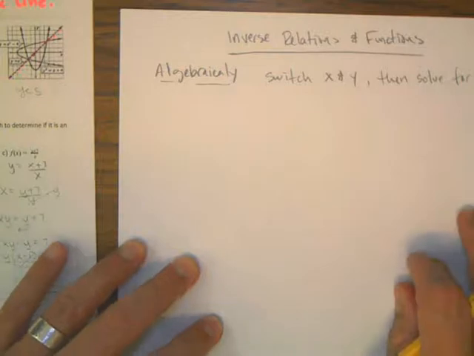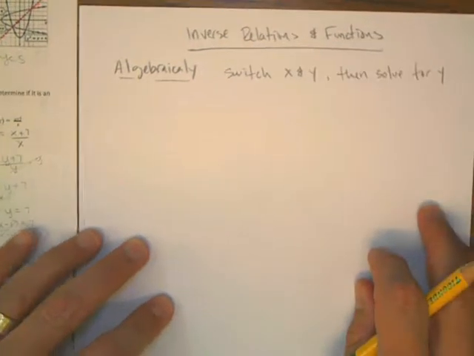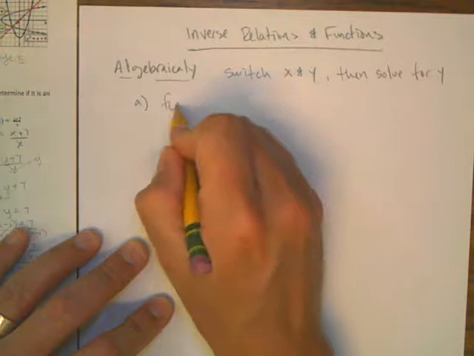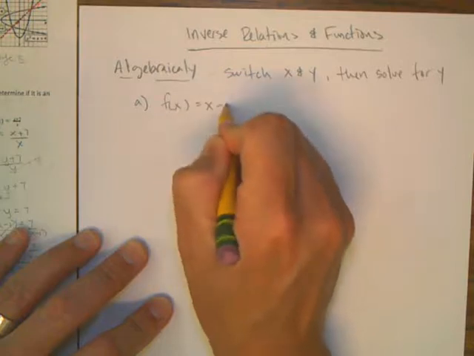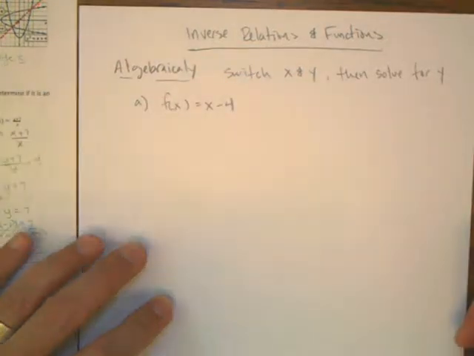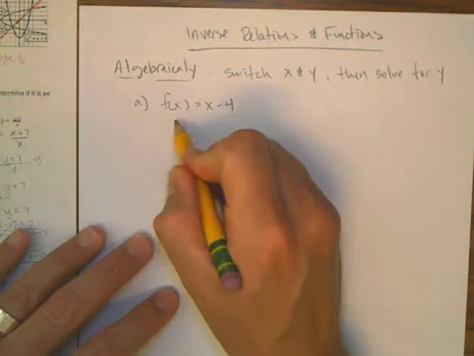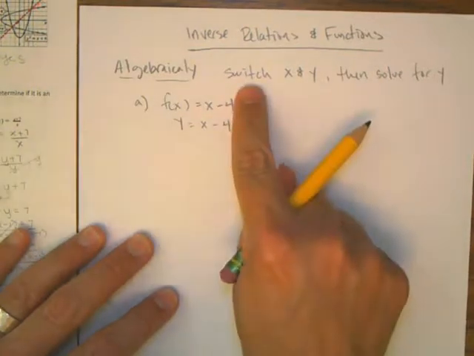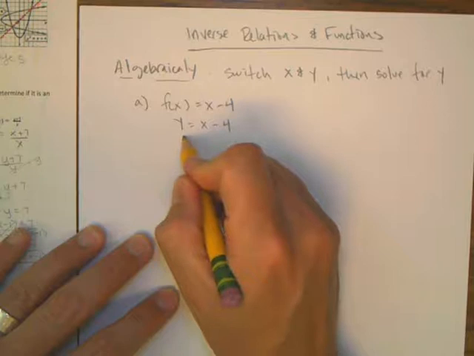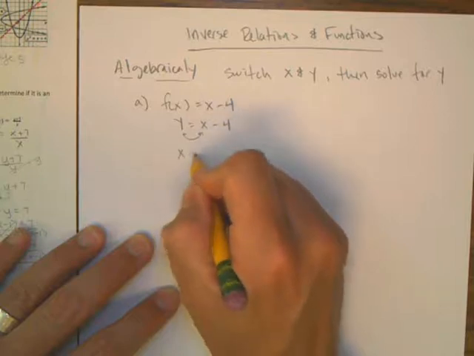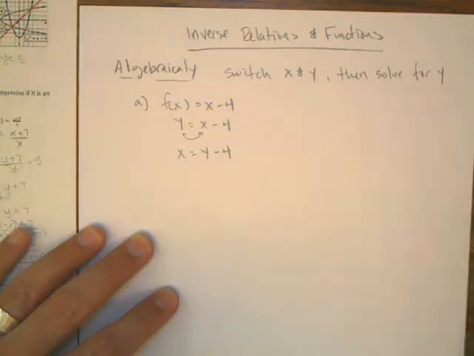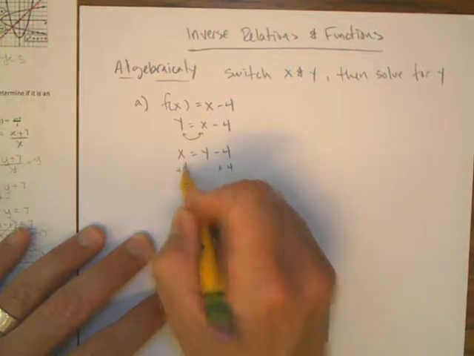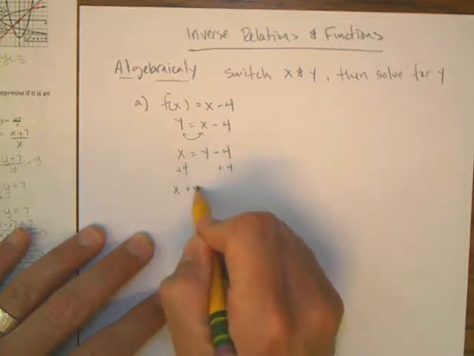So, for example, if I had this function a, f of x equals x minus 4, the way to do this is say, well, that's the same as y equals x minus 4. So first, switch x and y. X equals y minus 4. And then solve for y. Plus 4, x plus 4 equals y.